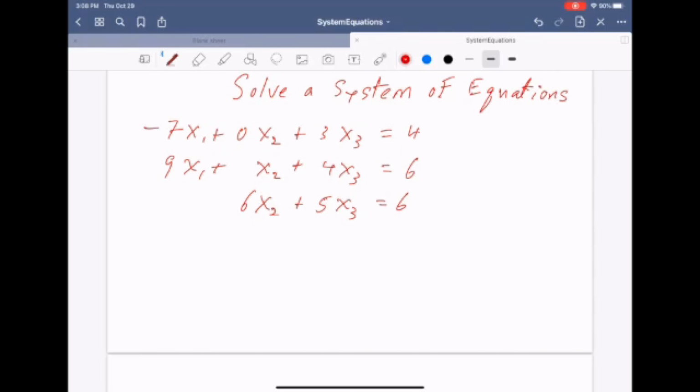Okay, so we're going to first set it up. The equations can be written as a system of Ax equals b.